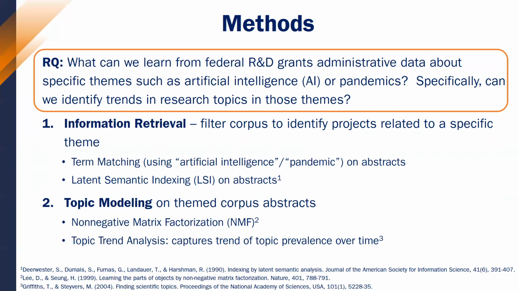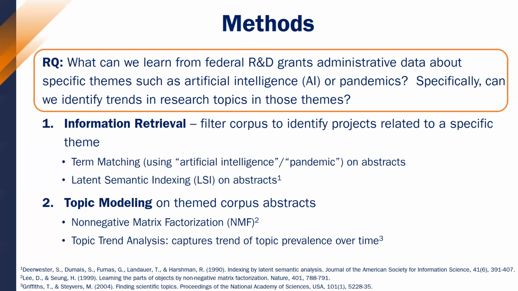In the information retrieval step, we were filtering the corpus of project abstracts to identify those projects related to a theme. And we did this through the use of term matching and latent semantic indexing, or LSI, on those abstracts. Just as an example, for our artificial intelligence themed corpus, we term matched on that particular phrase, artificial intelligence.